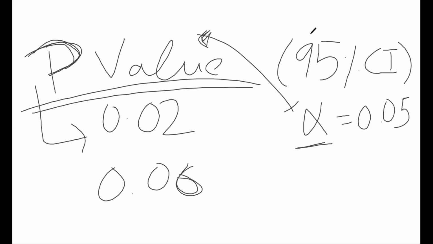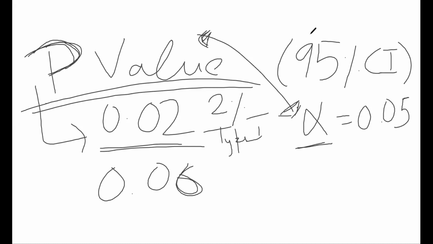We have to compare our p with alpha, and decide whether to reject or accept our null hypothesis. If the p-value comes out to be 0.02, there is just a 2% chance of a type 1 error, that is, a false positive. But we are 98% sure our result would be fine.